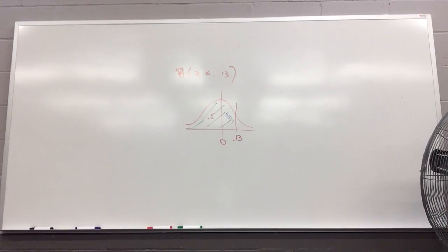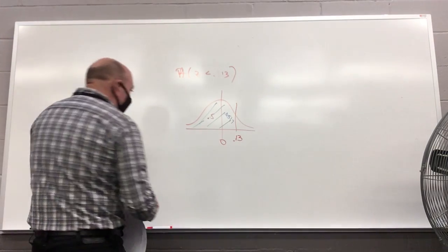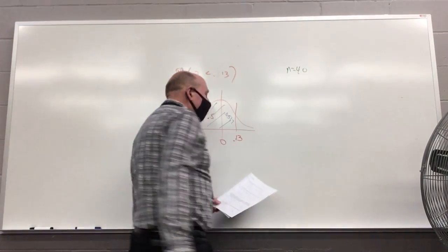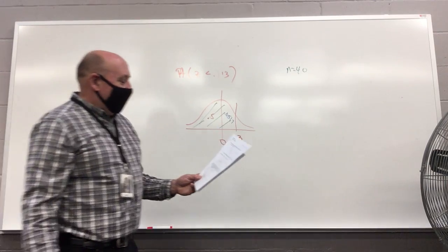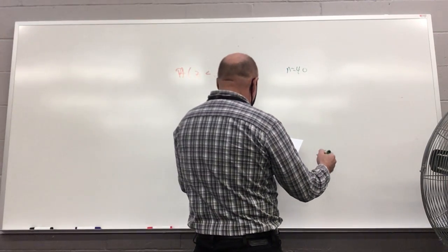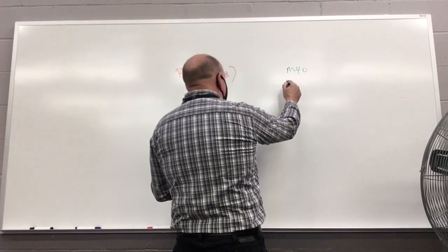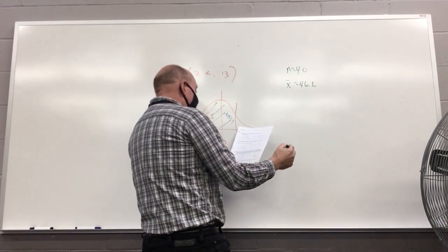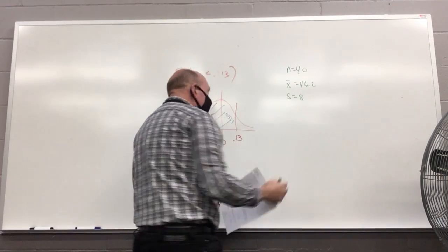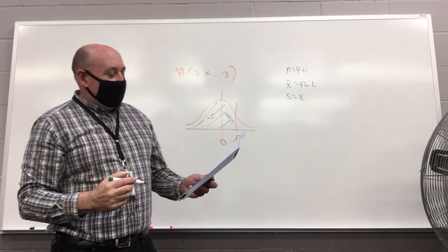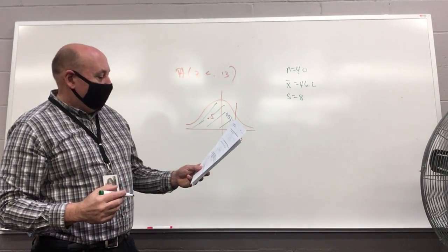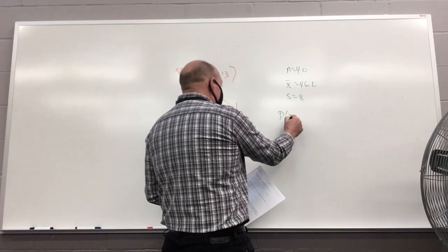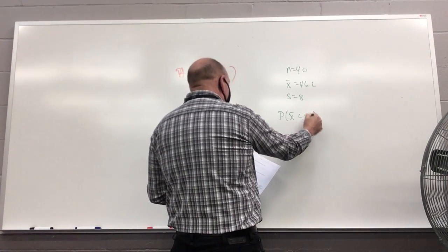The last one, we're taking a mean. Our n is a value of 40. We have a mean of 46.2, and then we have a standard deviation of 8. We want to see what is the probability that the mean is less than the value of 48.